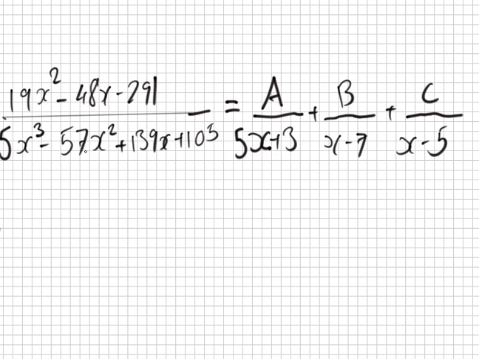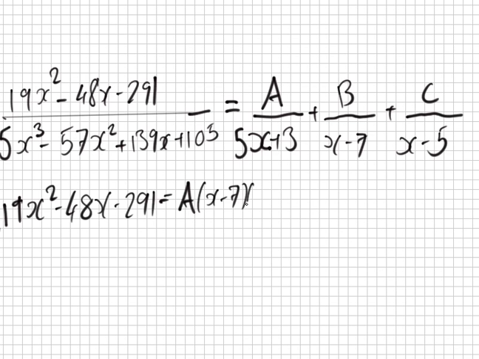Alright, like before, we will multiply everything by this denominator here. The 3 factors, that is. 19x squared minus 48x minus 291 equals A times x minus 7, x minus 5, plus B times 5x plus 3, x minus 5.